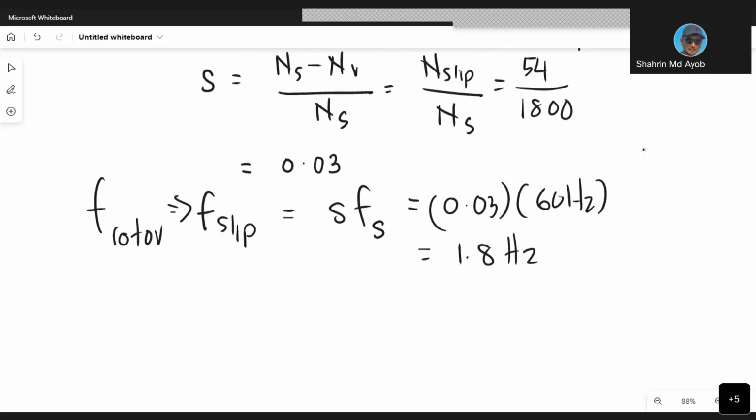Okay, you need to remember back the principle of the induction motor. When you create an induced voltage at the rotor, the induced voltage at the rotor is actually a sinusoidal. So the frequency of the sinusoidal that is induced inside the rotor is 1.8 Hertz.